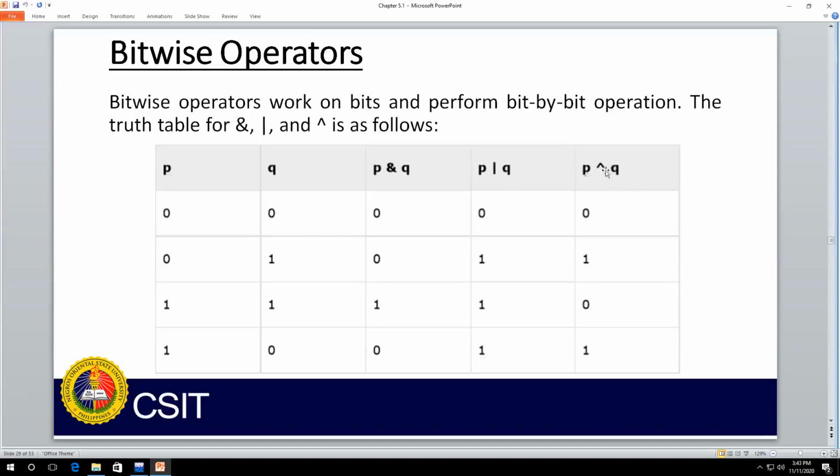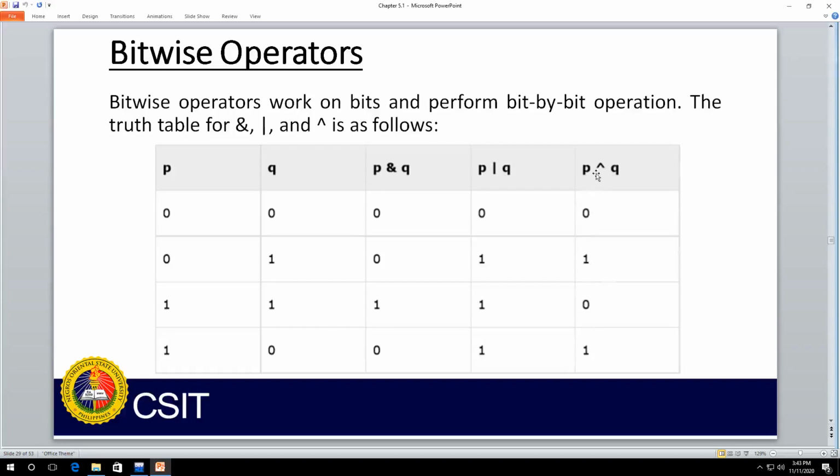And for the XOR, this is a different one. p XOR q. 0 XOR 0 is equal to 0. 0 XOR 1 is equal to 1. 1 XOR 1 is equal to 0. And 1 XOR 0 will be 1. So this is different.